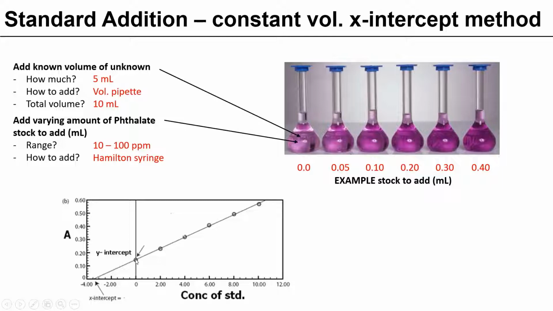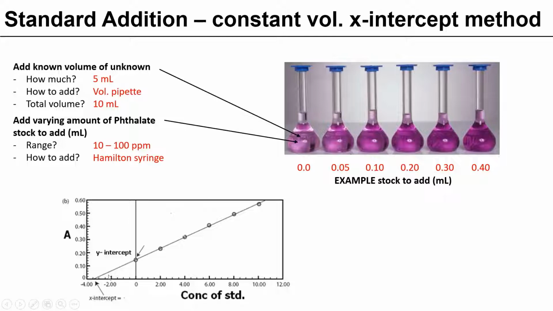And then we're going to fit a line of best fit through there. What we want to do is then extend this line of best fit back to its x-intercept. Because we've got that unknown solution in all of these calibration solutions, our calibration line is not going to pass anywhere near 0, 0 because we're always going to have some concentration of analyte in the solution from the unknown.